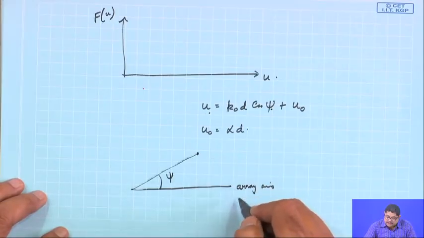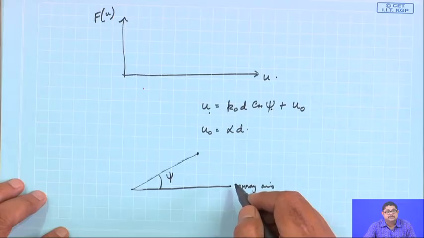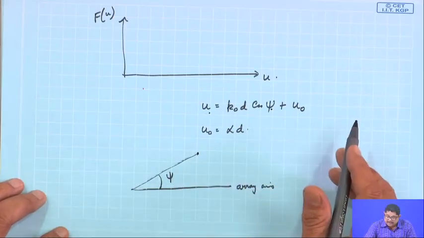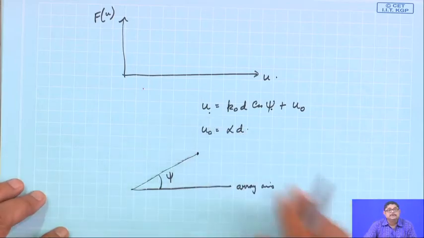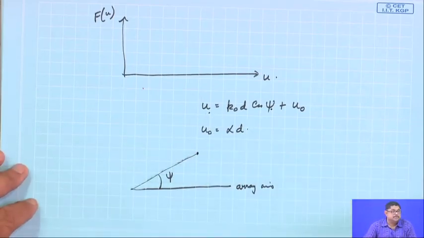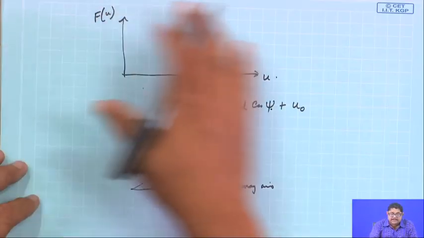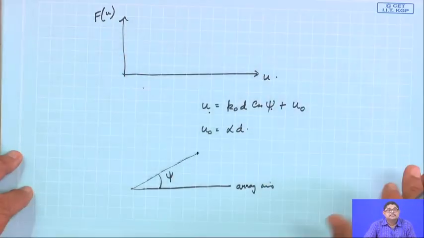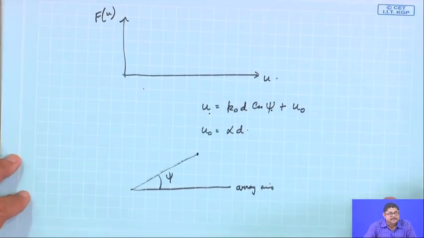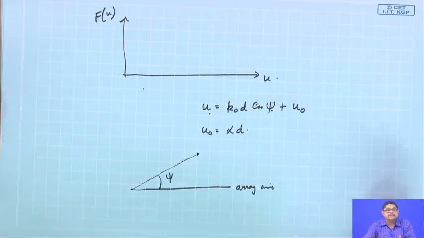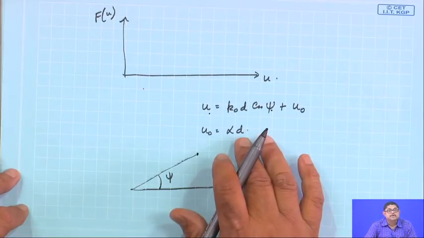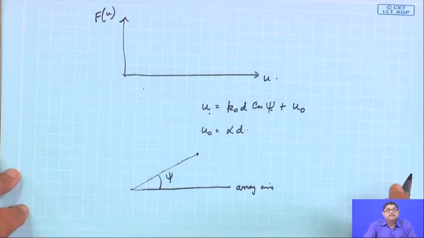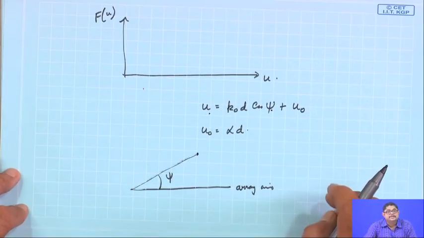If I have the array axis along x or y, then I know the value of this psi in terms of theta and phi. But what is the physical significance of u? Actually, there is no physical significance of u, but it is very easy to understand the whole array theory in terms of this f(u) function, because it becomes very simple, a sinc type of function comes out, which is why I do it. But now suppose I got an array pattern function, can I go back to the physical significance?